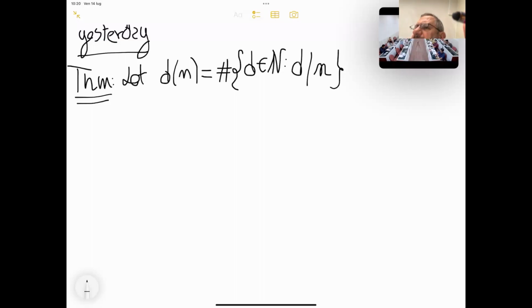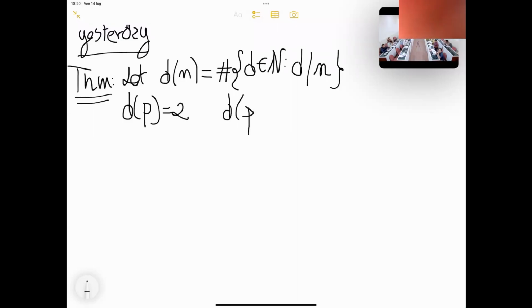So this is the number of divisors function, so that d of a prime is 2, d of a power of a prime is alpha plus 1, and d is multiplicative.